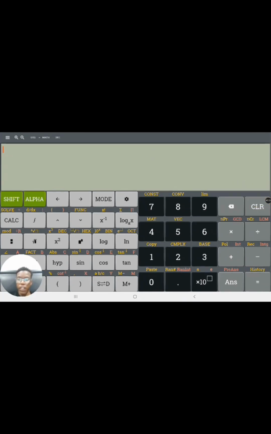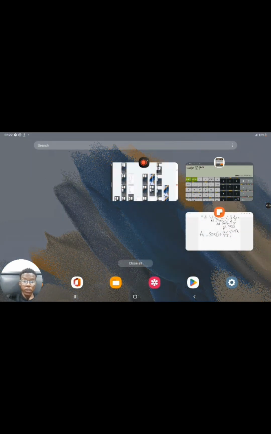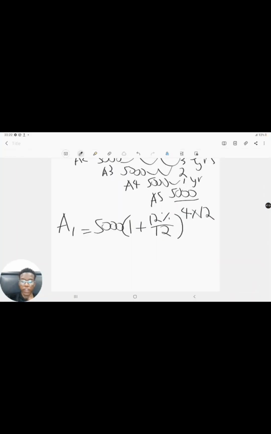Let's say that's 5000, open bracket, 1 plus 12% divided by 12, close bracket, to the power of 4 times 12. That's going to give me 8061.13. Slightly higher than the value that I got.